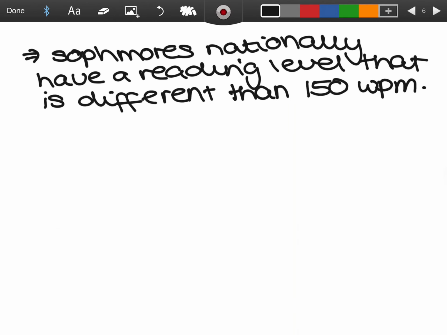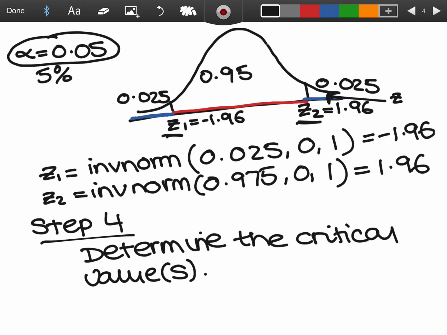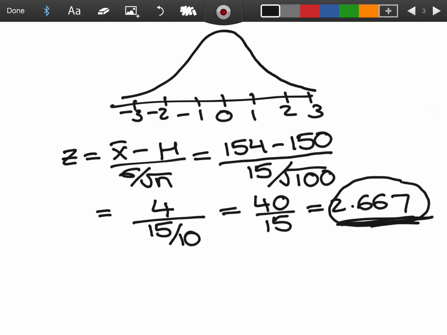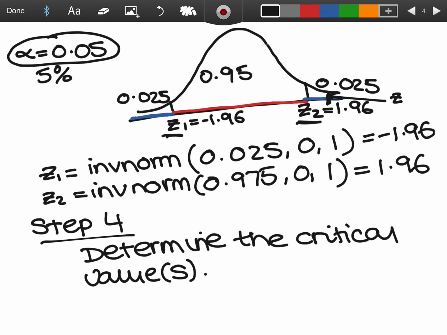Let's come back to our other example to look at what the p-value would be here. What was our test statistic? It was 2.667. So your test statistic in this case is 2.667.